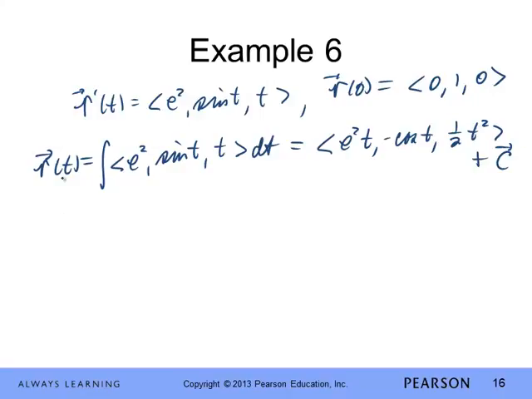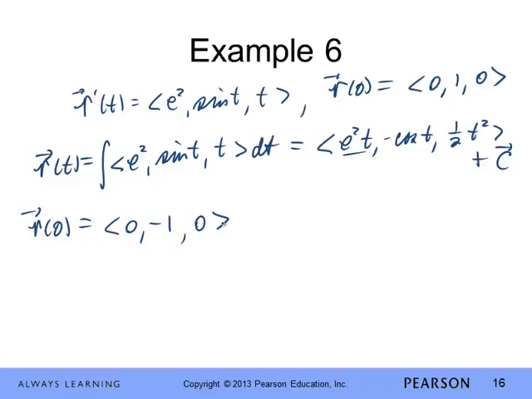Now let's set t equal to 0. When we set t equal to 0, the first part is 0. What is negative cosine of 0? Negative 1, okay. So that looks kind of suspicious. And also we have 0.